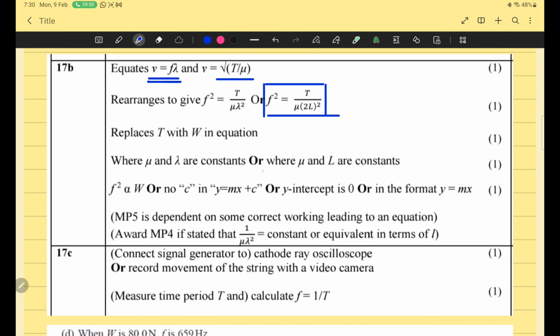When you square both sides and T is replaced by W, the equation becomes as I stated. Mu and L are constant. If you compare with this equation, y is equal to mx, it means the line is passing through the origin and it is a straight line.